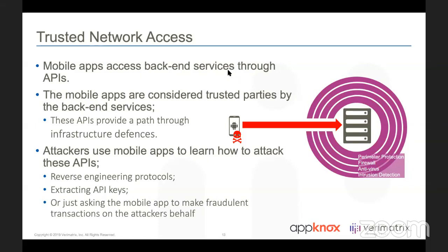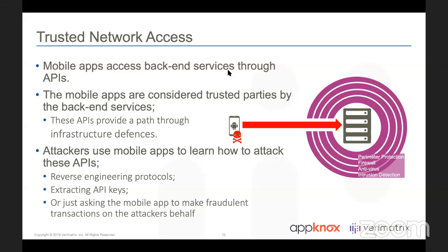I mentioned earlier that the mobile app has all the information to access backend services. And this would be covered when you're looking at API security, but you give the mobile application trusted access to the backend, because you open up an API, you open up a gap through your security perimeter to allow the mobile application to do what it has to do on the back end.